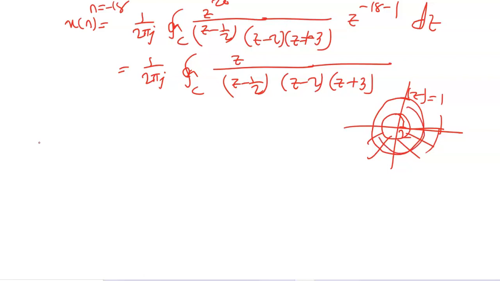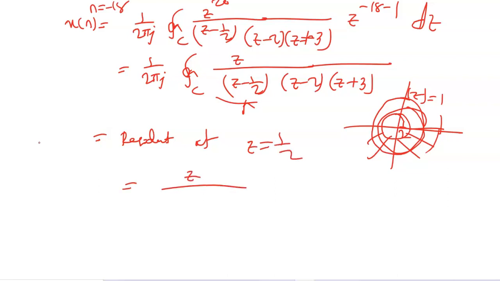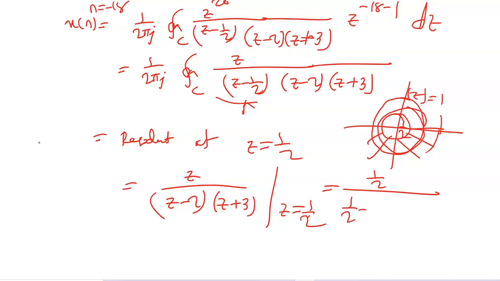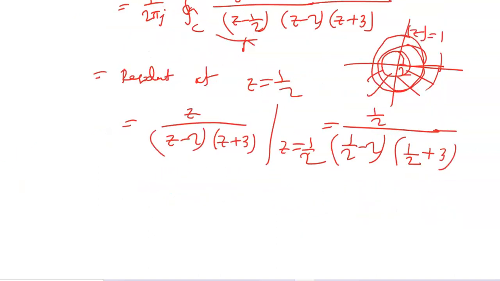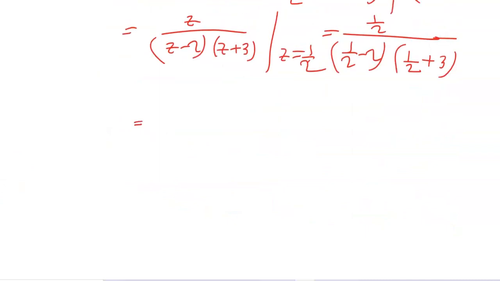With the contour inside the ROC, only this pole is inside the contour, so that means the residue at pole z equal to half, which is z upon z minus 2, z plus 3 evaluated at z equal to half, that is half upon half minus 2 into half plus 3, which is equal to half upon minus 3 by 4 into 7 by 2. So the 2s cancel, that is 4 upon 21.